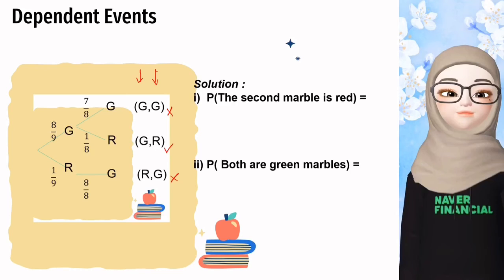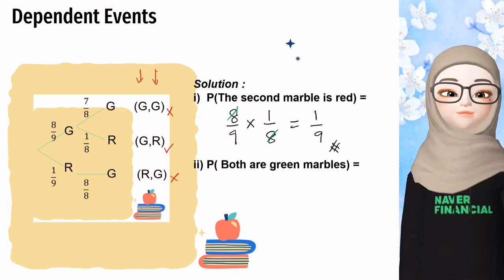So the probability is 8 over 9 multiplied by 1 over 8. We can cancel the 2 eights, and the answer will be 1 over 9. So the probability that the second marble is red is 1 over 9.